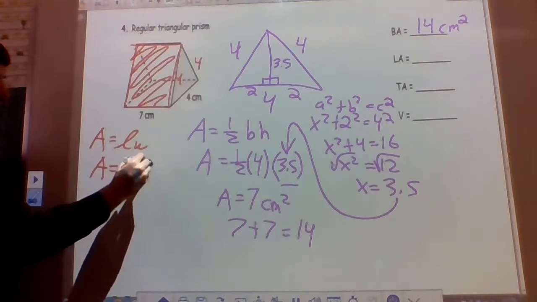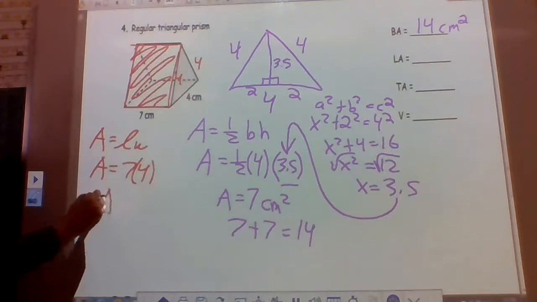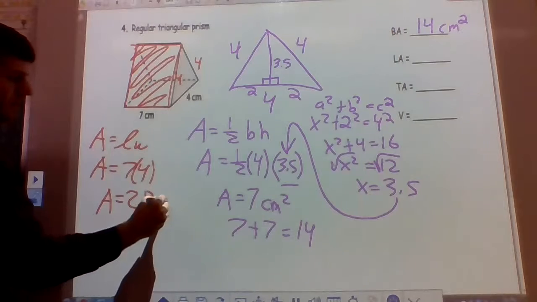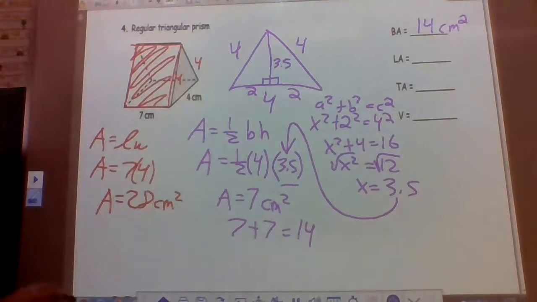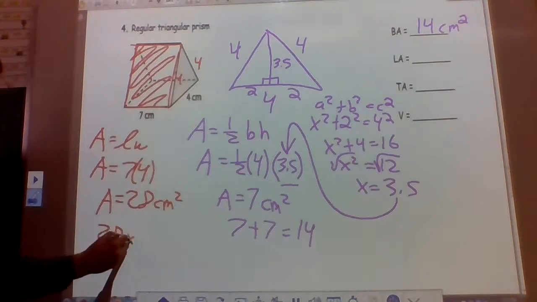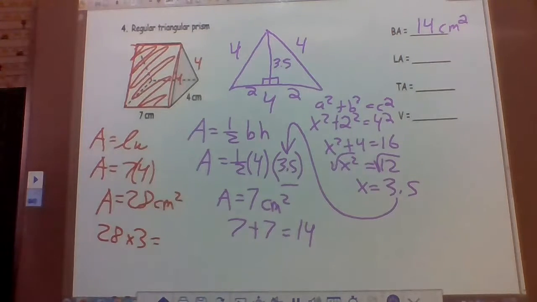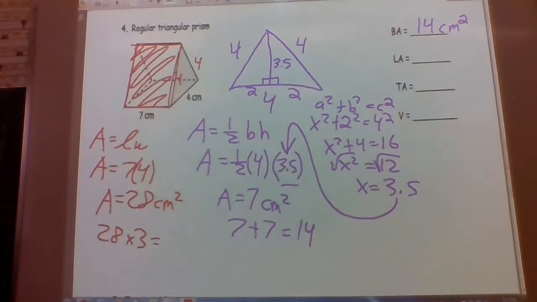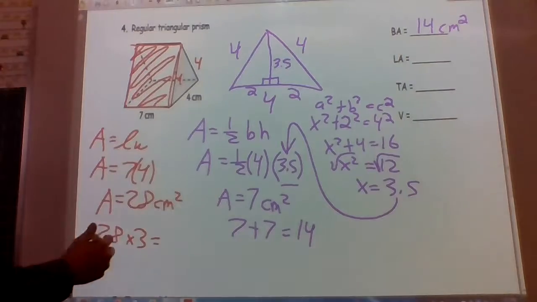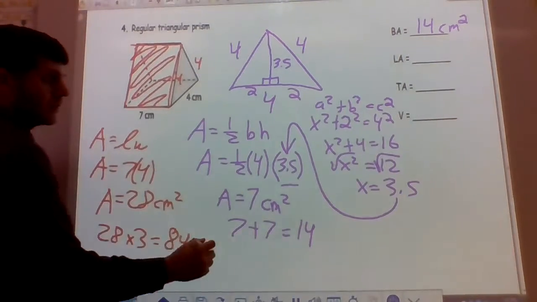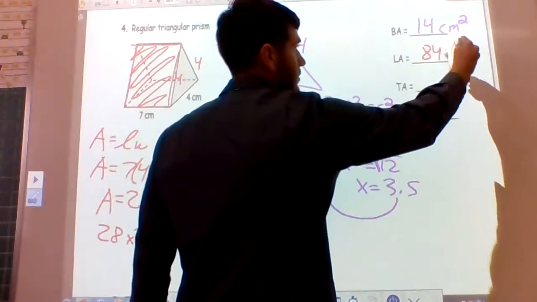So that's 7 times 4, which is 28 centimeters squared. There are 3 of them, so 28 times 3, which is 84. I believe 30 times 3 is 90, 2 times 3 is 6, so 90 minus 6 is 84. So our lateral area is 84 centimeters squared.